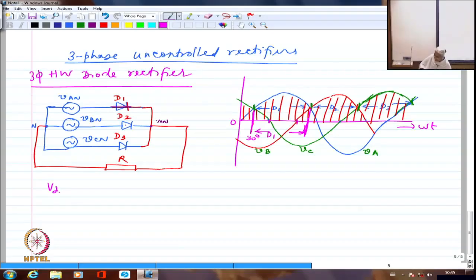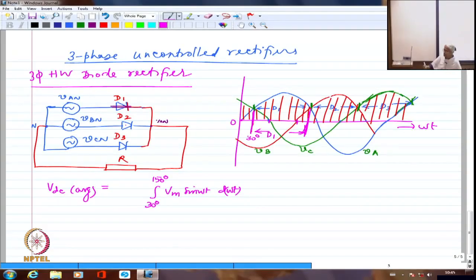So I have to integrate the voltage. V DC, or V load average, will be equal to the integral from 30 degrees to 150 degrees of Vm sine omega t d omega t, where Vm is the phase voltage peak, not the line voltage peak. So this Vm happens to be the phase voltage peak.